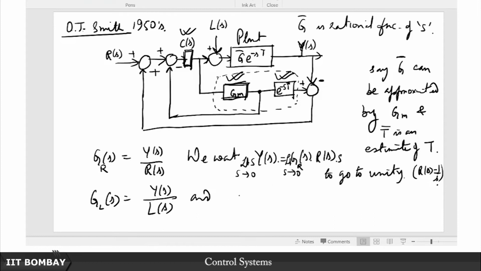So, this is G_r(s). We want this G_r(s), this part, to go to unity, and on the other hand, the limit as s tends to 0 of s times G_L(s) to go to 0. Why? Now, typically we also consider a constant load disturbance.